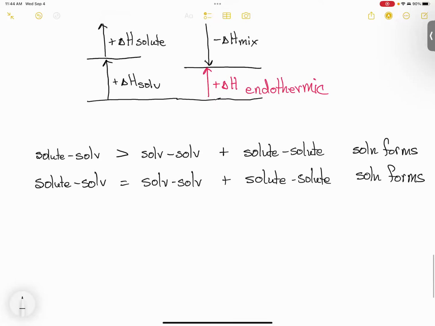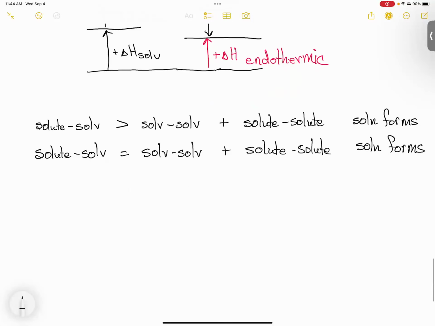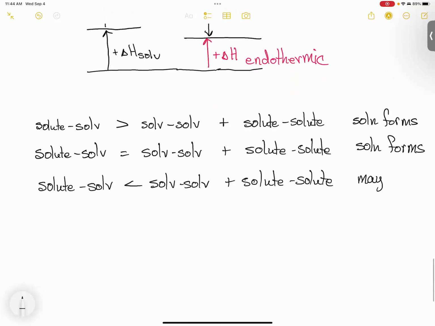It's only when the solute-solvent is less than the solvent plus solute that the solution may or may not form.